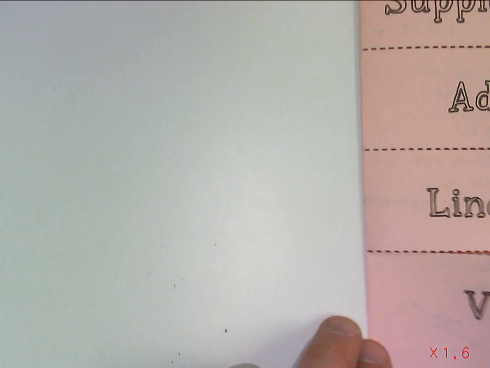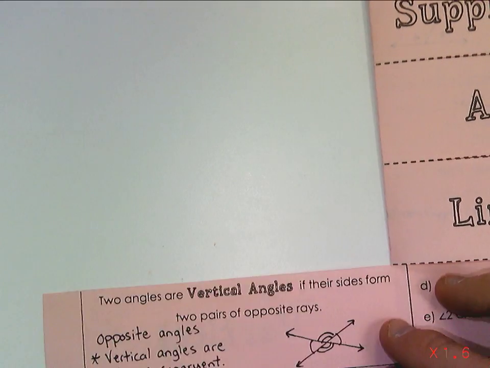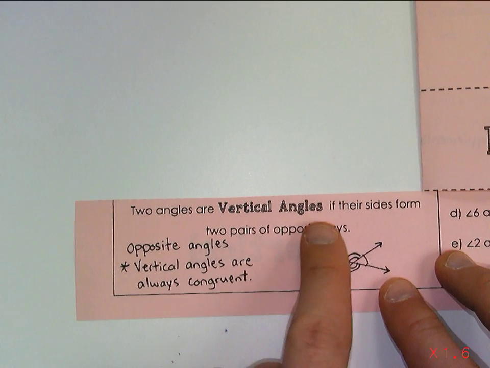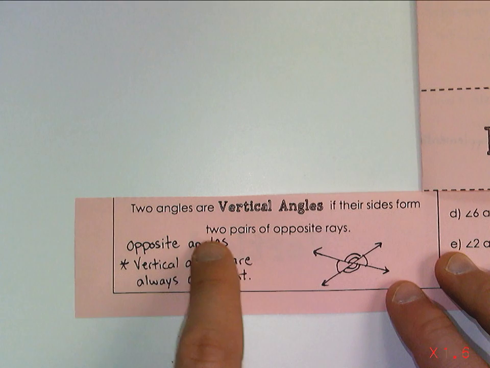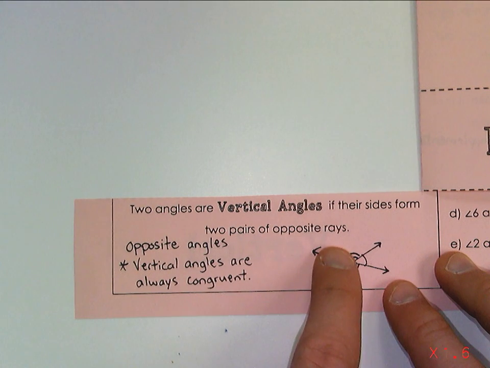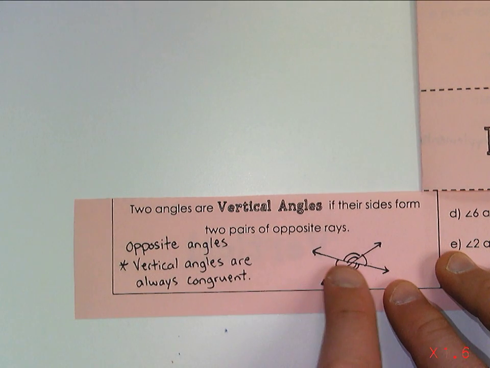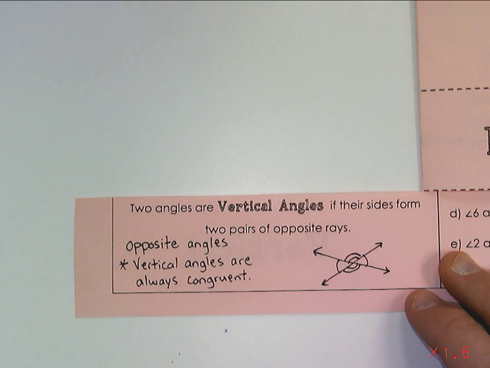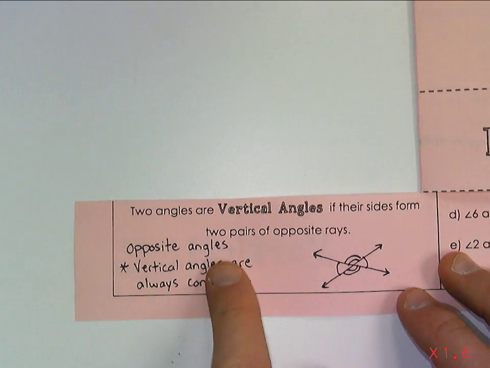And last but not least, my favorite kind of angles are vertical angles. Two angles are vertical angles if their sides form two pairs of opposite rays. Opposite rays would be these guys here pointing in different directions, and there's two pairs of them.